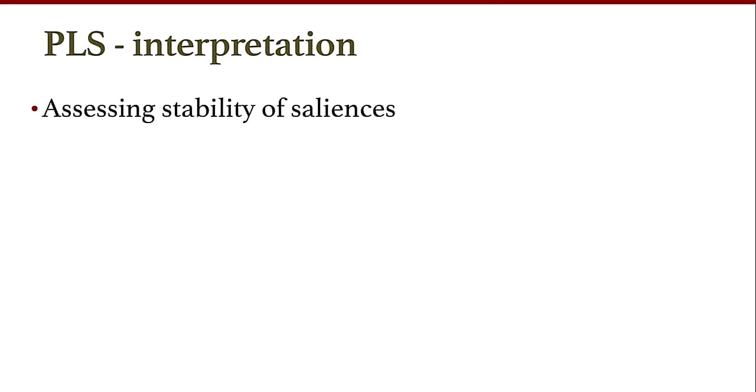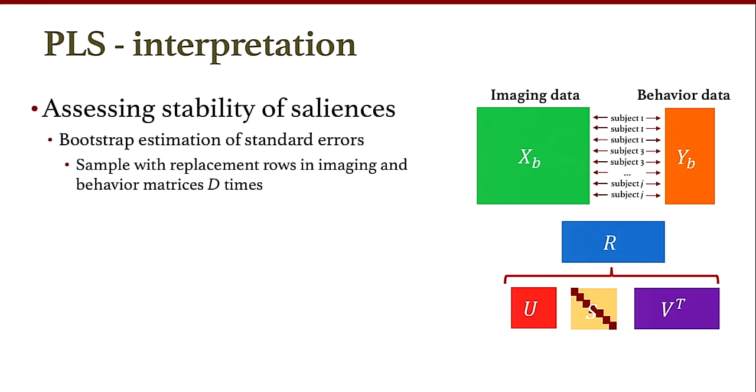And finally, to assess the stability of your saliences or of your weights, you do a bootstrap estimation of your standard errors. What you do is sample with replacement the rows in both your imaging and your behavioral matrices a certain number of times. You recompute the cross-covariance matrix, which you decompose, and this time you keep the values in the U and V matrices, which are the saliences, in order to compute the mean and the standard deviation across all your bootstrap iterations.